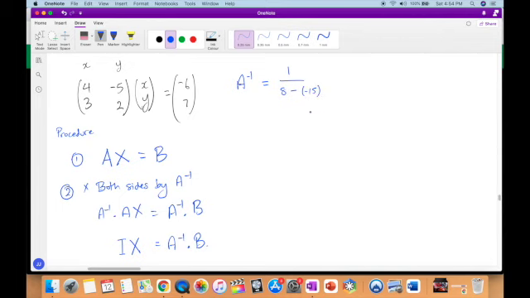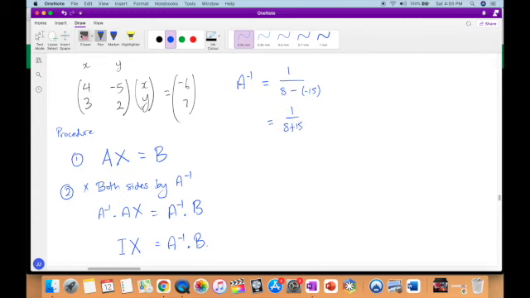So you notice how that could have messed you up there. Use your brackets. We'll have a negative 5 there. So you can see here that the determinant is actually 8 plus 15.